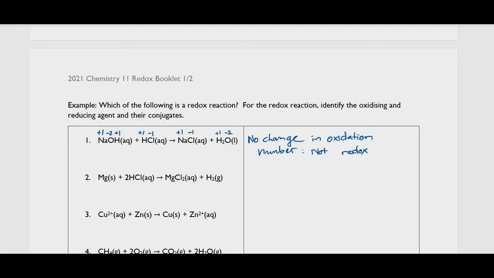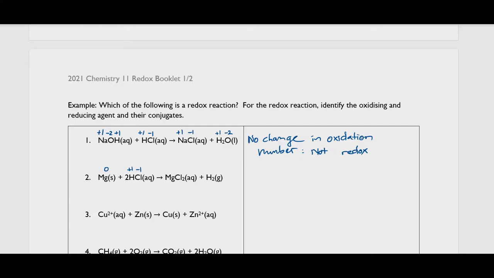Now if you look at example 2, we know that this is a redox reaction from the ionic equation, but you can also find oxidation numbers. Magnesium is a pure substance, so according to rule number 1, the oxidation number is 0. Hydrochloric acid, once again, is +1 and -1, similar to above. This is hydrogen in a compound.